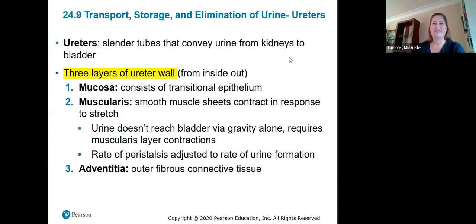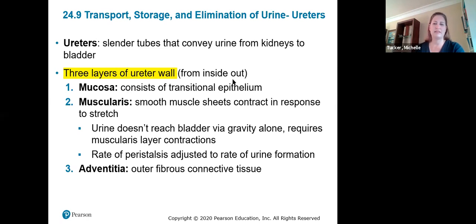So we've gone through that whole process of forming filtrate and then reabsorbing water, salt, glucose, and amino acids. And we finally get to the collecting duct where we get urine at the end at the papilla, and it's dumped into the calyces to the renal pelvis, and then ending in the ureters. Both the ureters and the bladder are going to have 3 layers.